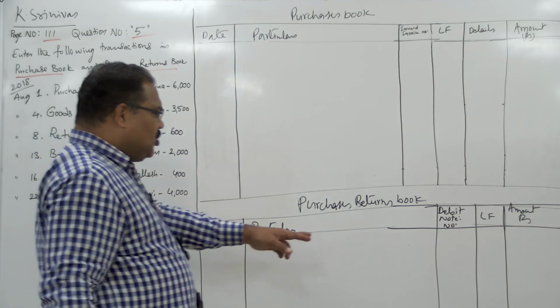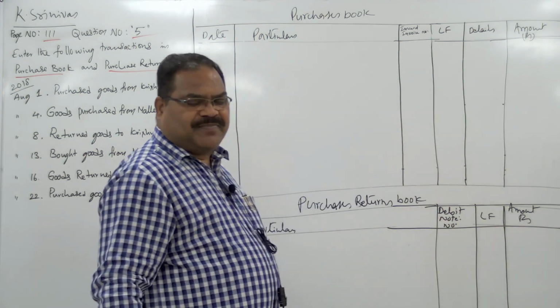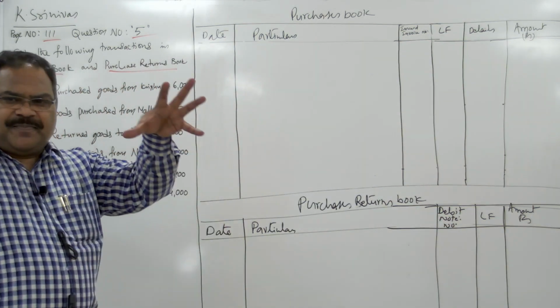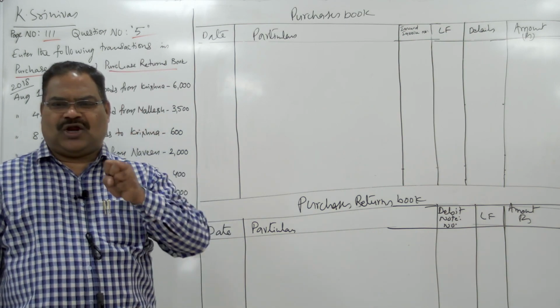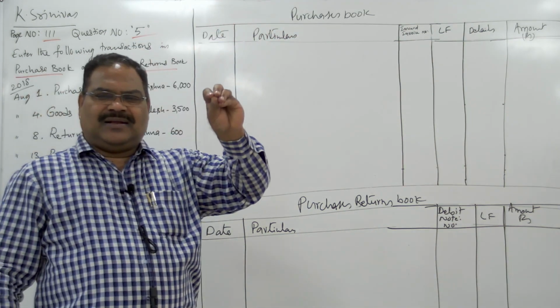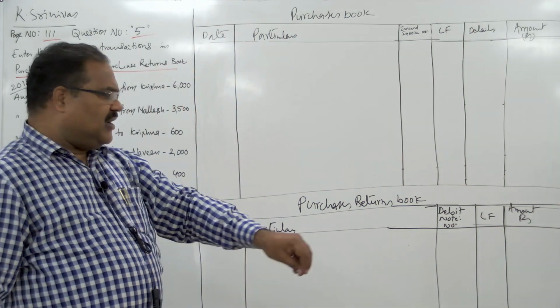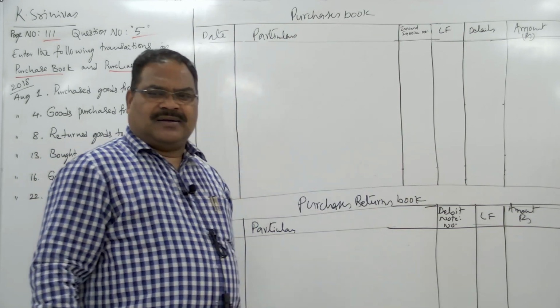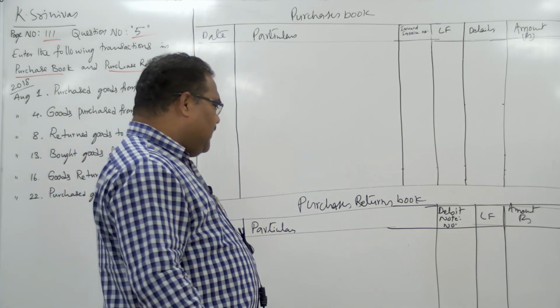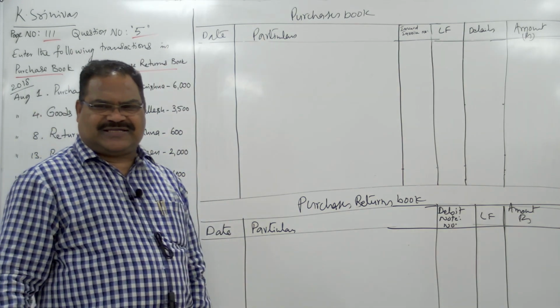In this, we are going to use the debit note number instead of invoice number, because when we buy the goods from the supplier, we are going to return those goods. We are debiting the supplier's account. Because of that, we are using the debit note number. That's all. For your information, we are not going to do anything with this.